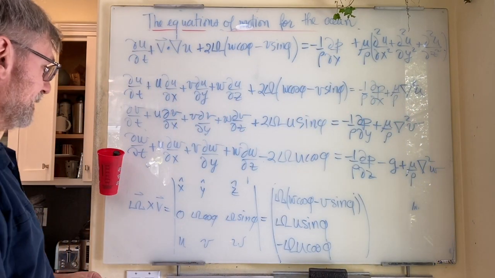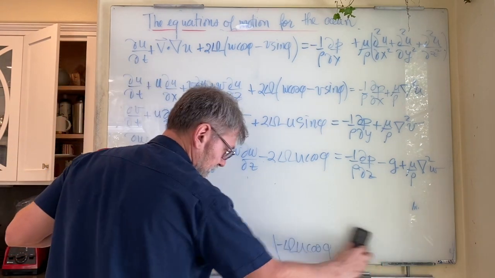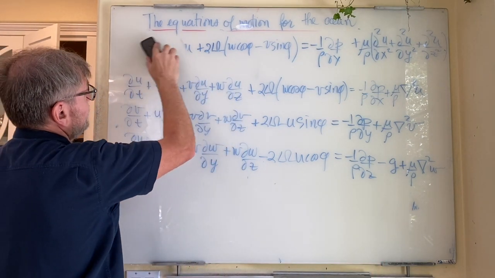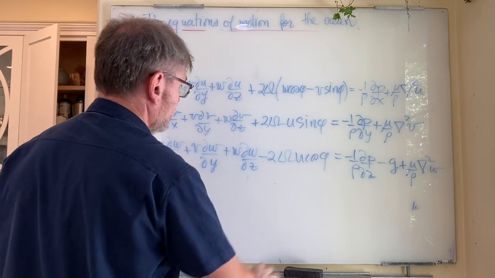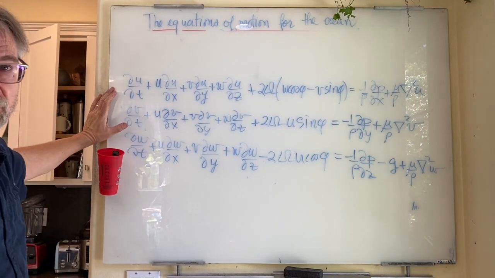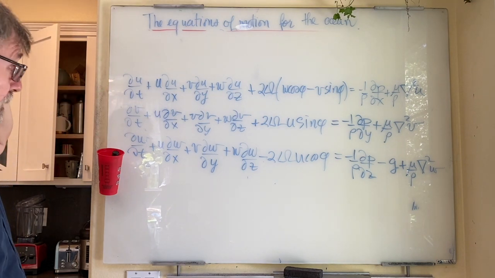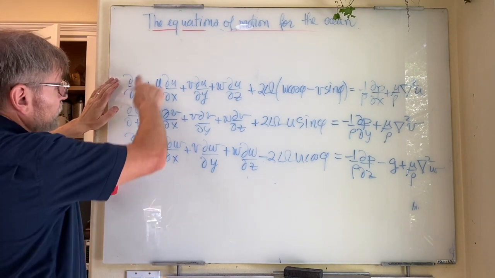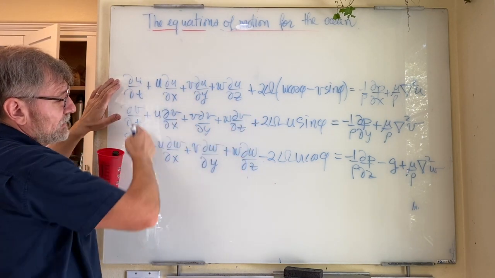Alright, so we have the three equations. So let me erase all the stuff that doesn't belong. So here we have written out in all their glory the three components of the momentum equation. The first part is the material derivative of the velocity, right?